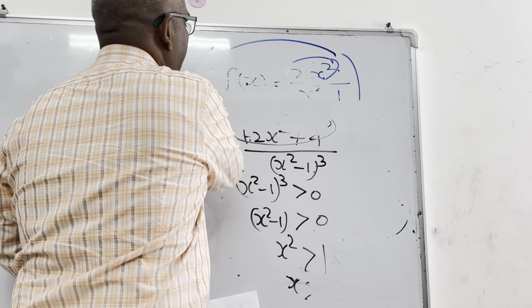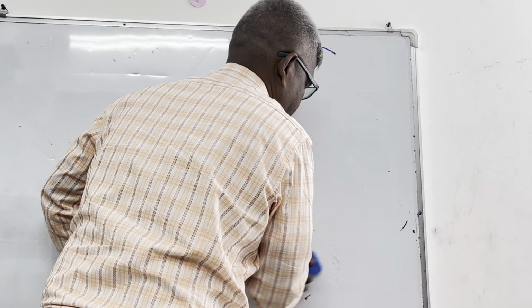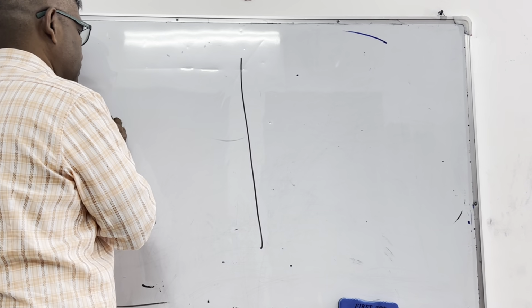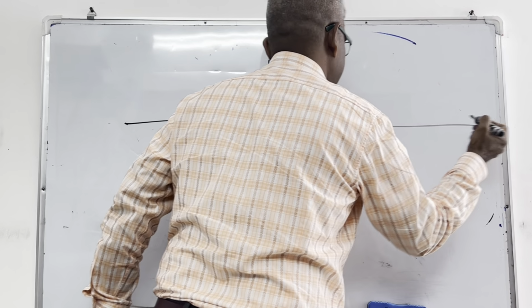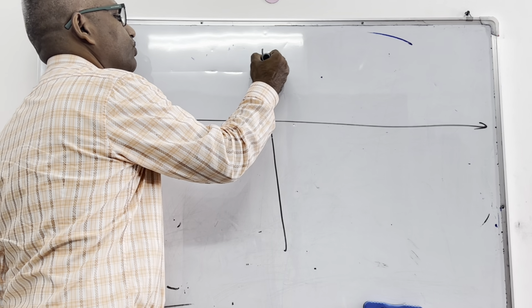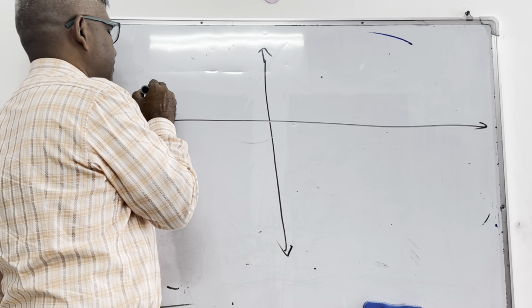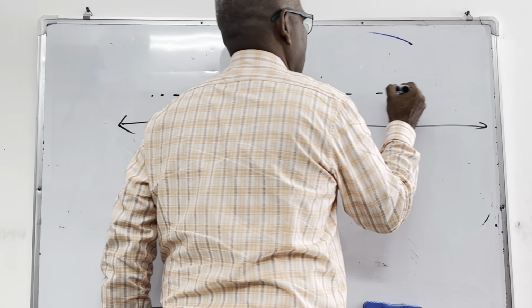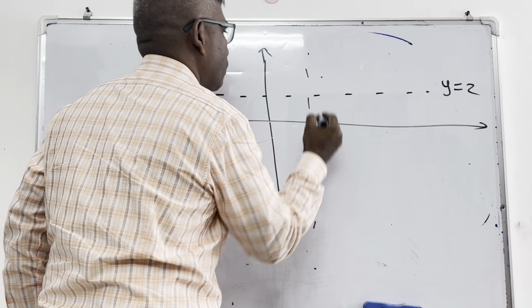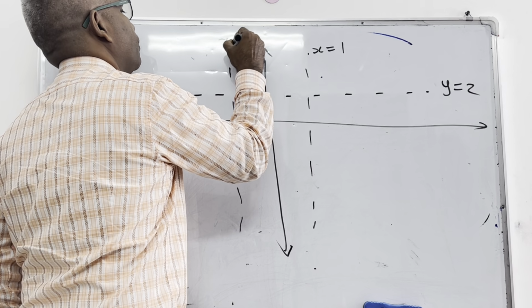Okay, now with all these details, I am drawing the graph. Domain: at x is equal to 1 and minus 1, there is no domain. Okay, they have given asymptotes y equal to 2 and x is equal to 1, x is equal to minus 1.